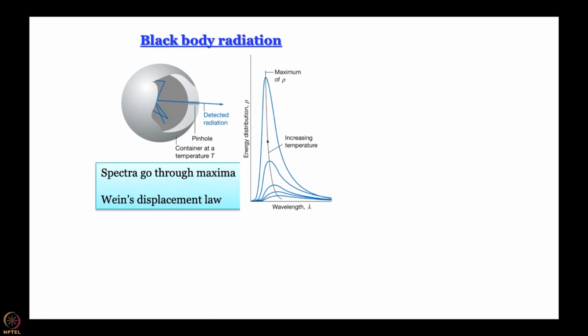Now, this is the experimental observation. To explain this, there were a lot of attempts to come up with theoretical models that can explain why black body radiation goes through a maximum, and why the maximum moves to higher frequencies at higher temperature.